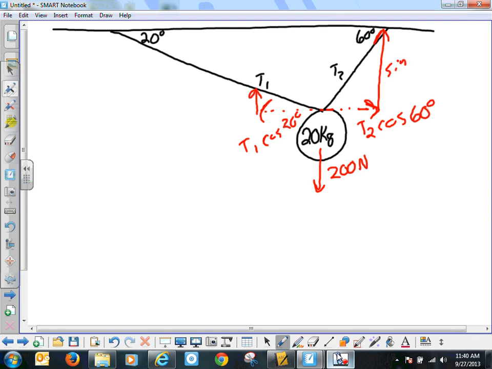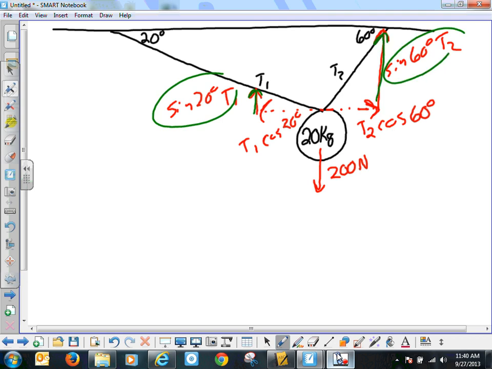So then this is the sine of 60 T2. So what I do is I just go and label all my pieces right away. This is the sine of 20 T1. And then I start with my formulas now. So I got this piece here going upwards. This piece is going upwards. Those are the only two that are going upwards.